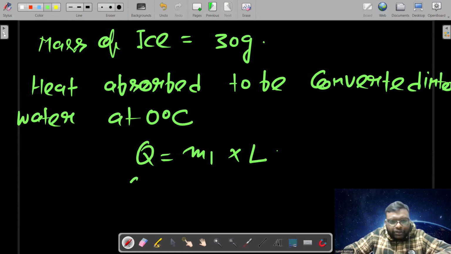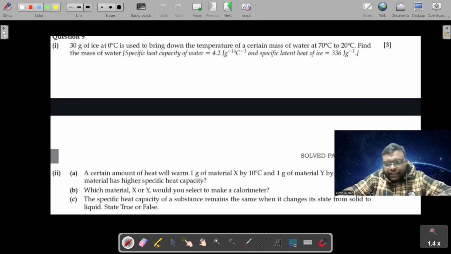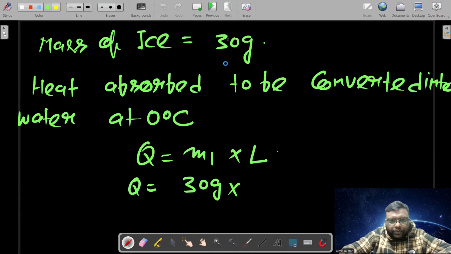So here Q is equal to mass m1, which is 30 gram, into the specific latent heat of ice, which is given as 336 joule per gram.